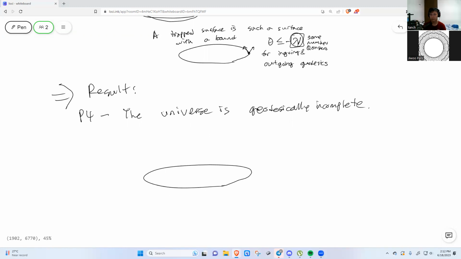So you have the trap surface, and you have all the... What I mean by that, I'm guessing the metric would blow up at some point in the geodesic, but I could be wrong.